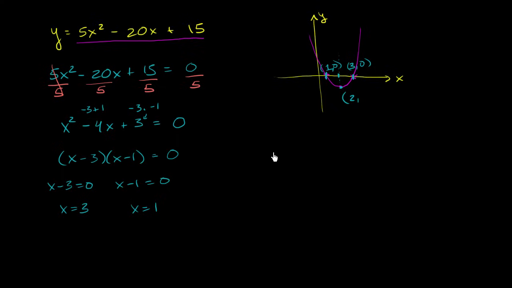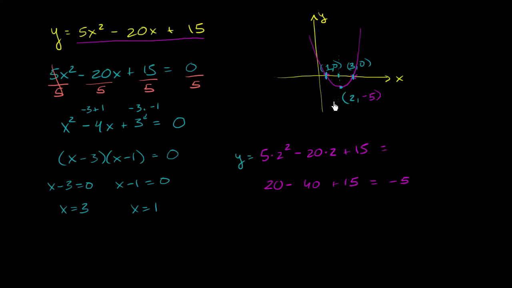When x equals 2, y is going to be equal to 5 times 2 squared minus 20 times 2 plus 15, which is equal to, let's see, 2 squared is 4. This is 20 minus 40 plus 15. So this is going to be negative 20 plus 15, which is equal to negative 5. So this is the point 2, comma, negative 5.